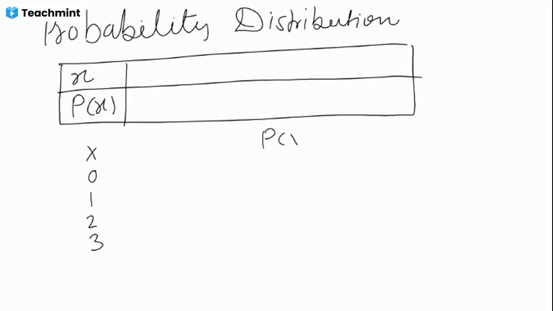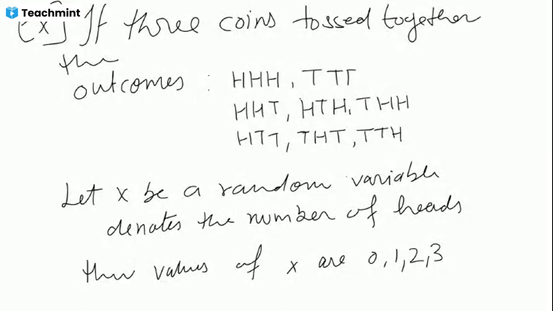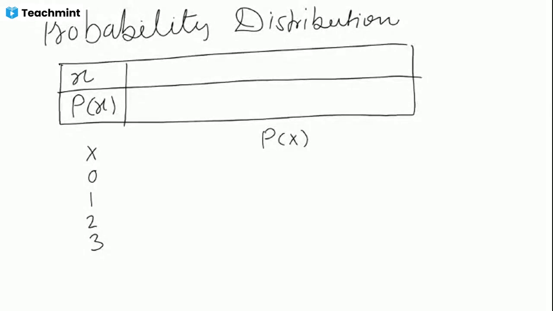When x is equal to 0, the formula of probability is favorable number of outcomes over total number of outcomes. For no head, how many outcomes do we have? Only one. So its probability will be 1 upon 8. This is the formula to find probability.